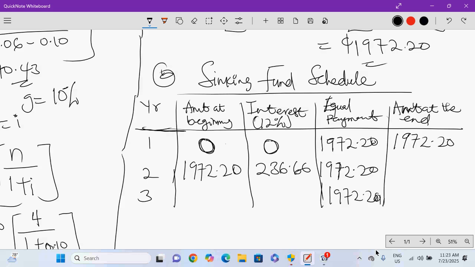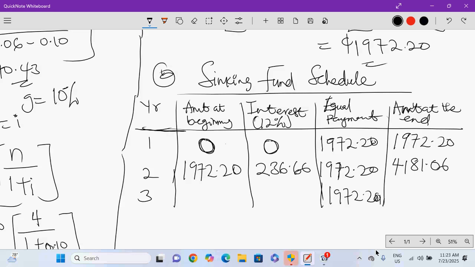So adding this plus this plus this, what do you get? You are getting 4181.06. So this is the amount at the end of year two.